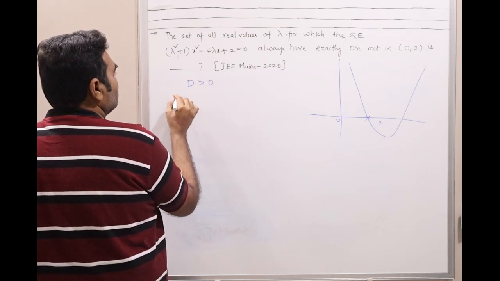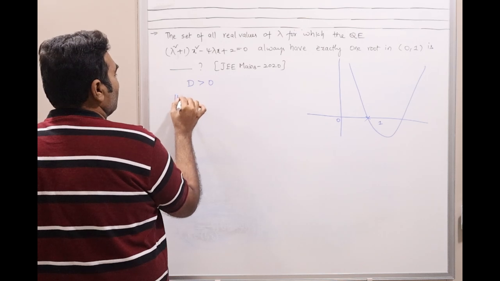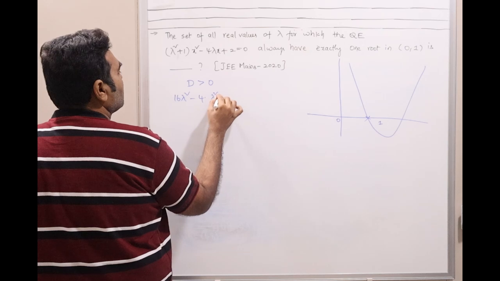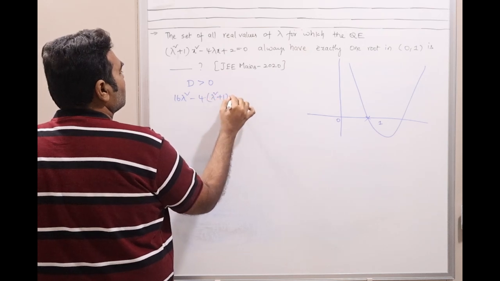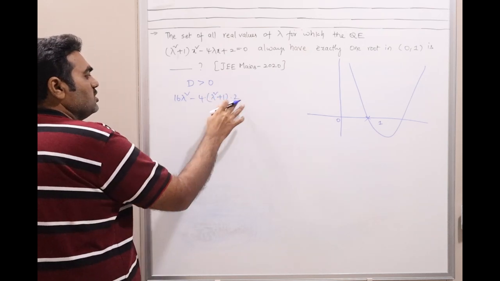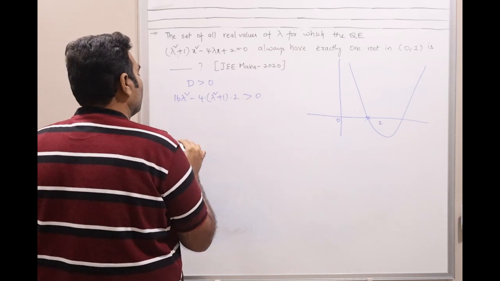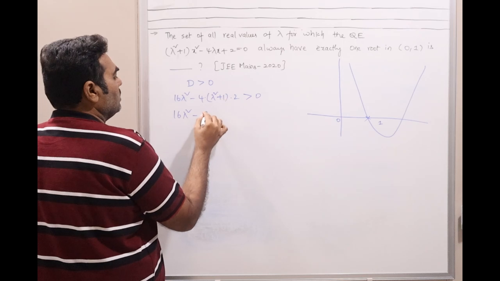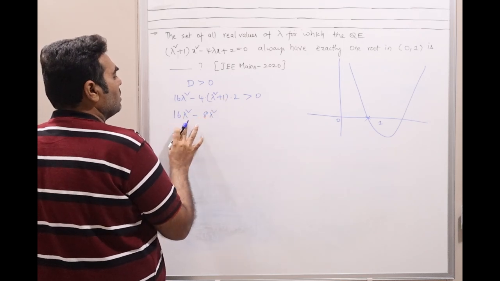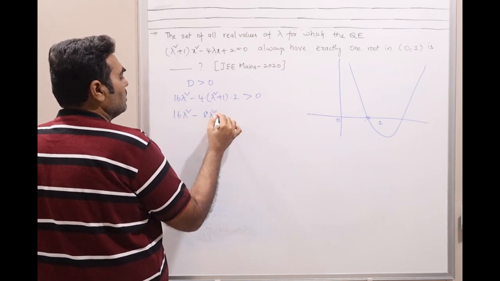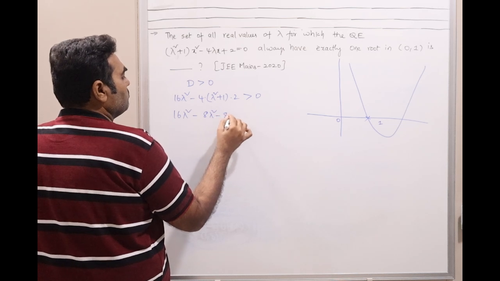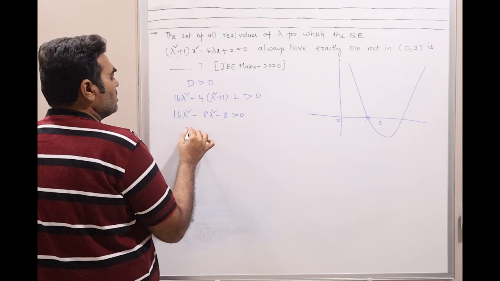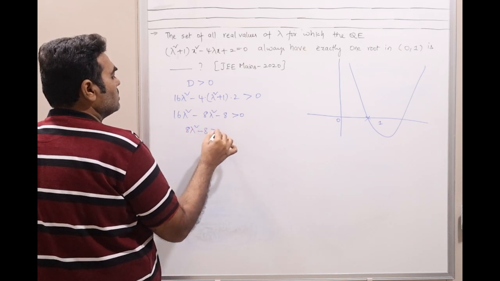So D is greater than 0. b square is 16 lambda square minus 4 into a, which is lambda square plus 1, into c, which is 2, not minus. So 16 lambda square minus 8 lambda square minus 8 is greater than 0. So this is 8 lambda square minus 8 greater than 0.